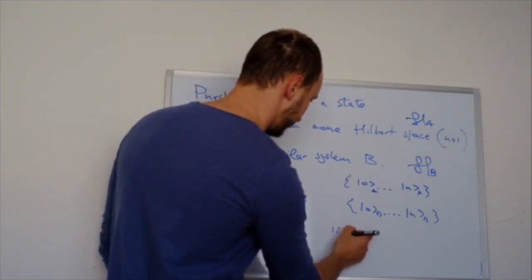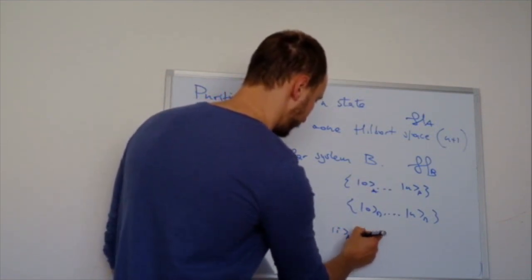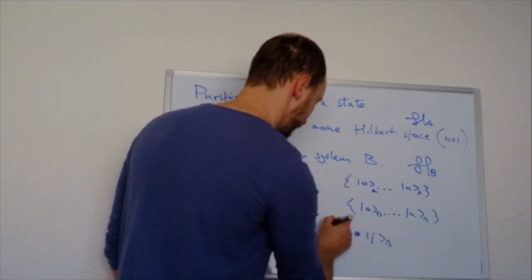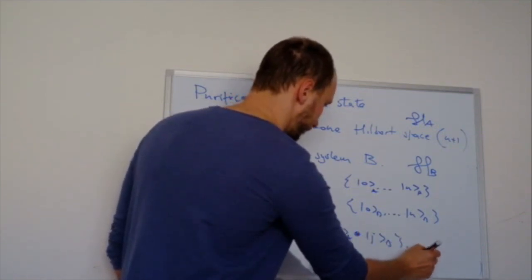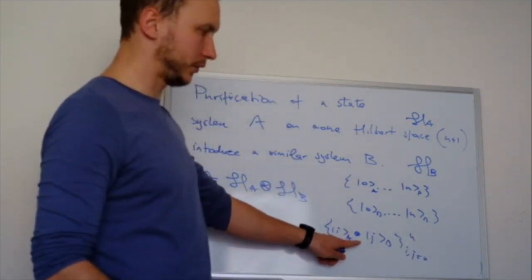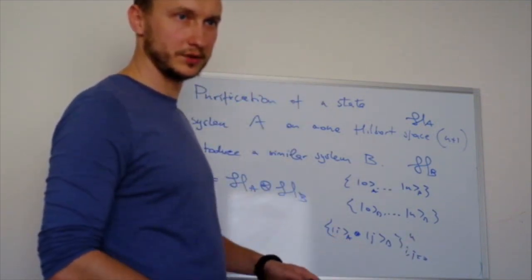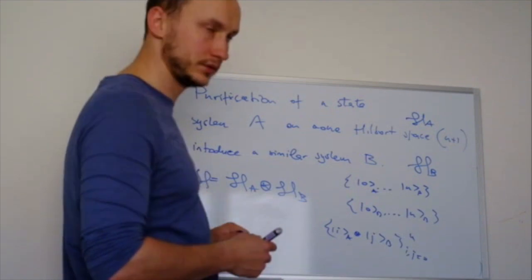So it is |i> for Alice tensor |j> for Bob, with i and j both going from 0 to n. Now, when you see this, what is the dimension of this Hilbert space?